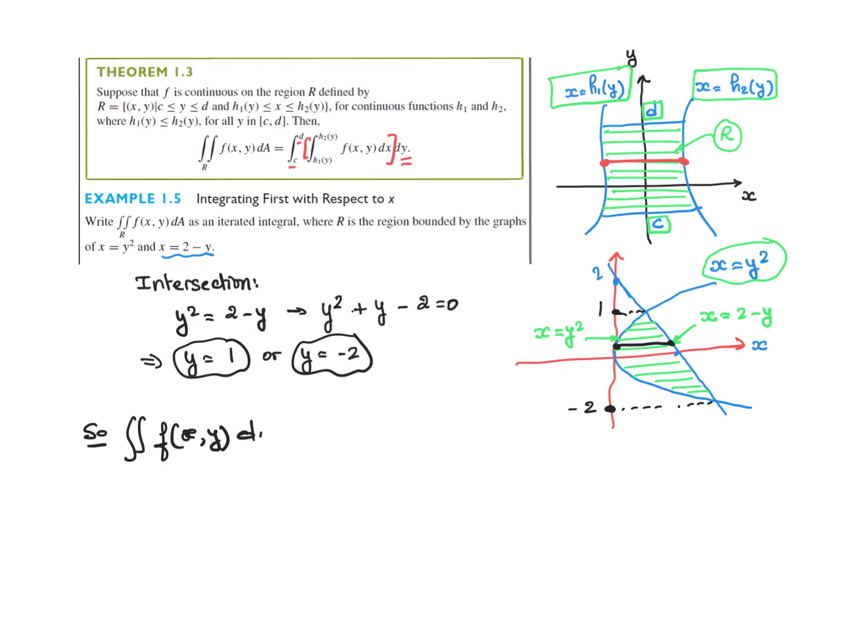That means integrating over R will be an integration of the function f with respect to x from x equal y squared to x equal 2 minus y, and then the answer to that will be integrated with respect to y from minus 2 to 1.